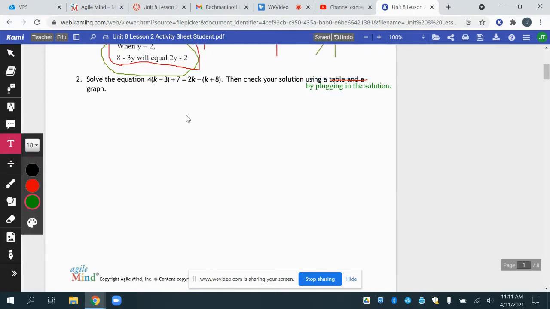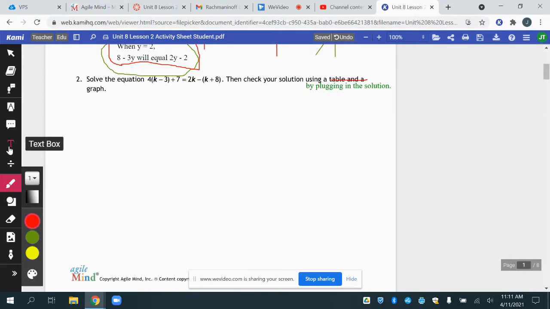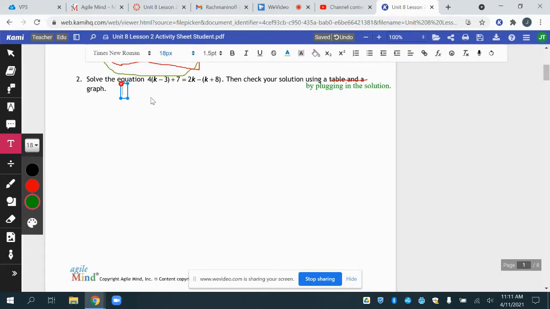Why would we check 2 or 3 different ways? Well, the answer is to try to get used to graphing. What we're doing right here, you'd have to use a calculator, and we can use a calculator on Desmos, but we're not going to copy and paste it.